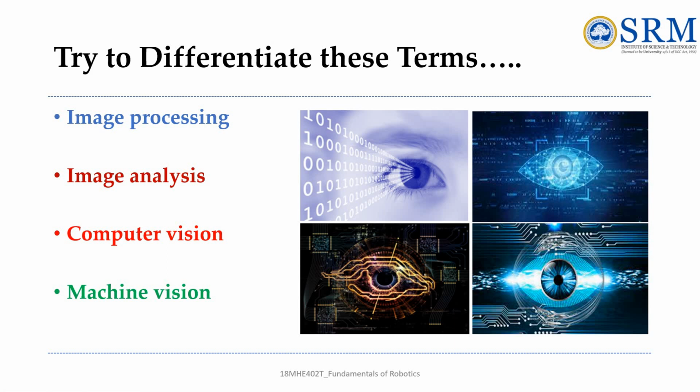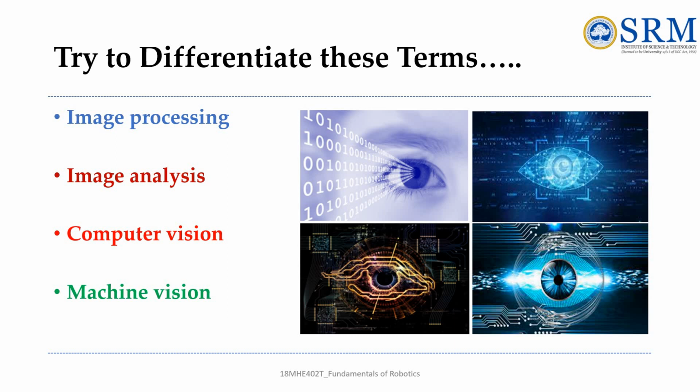Okay, you might have heard of these terms as image processing, image analysis, computer vision, and machine vision. We'll try to differentiate these terms one by one. So first, what is image processing? It's like using special tools to enhance or manipulate pictures, making them better for various tasks. Okay. Next, image analysis.